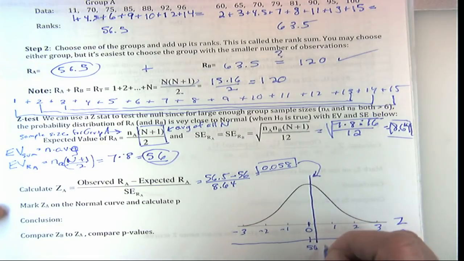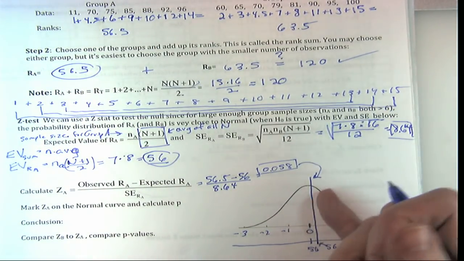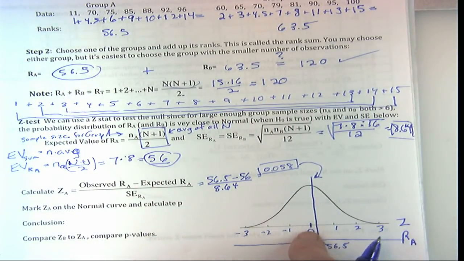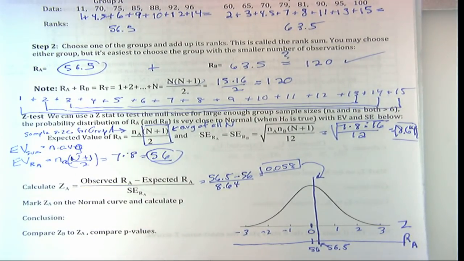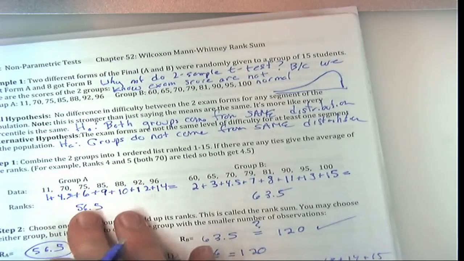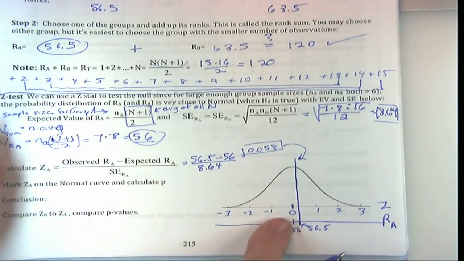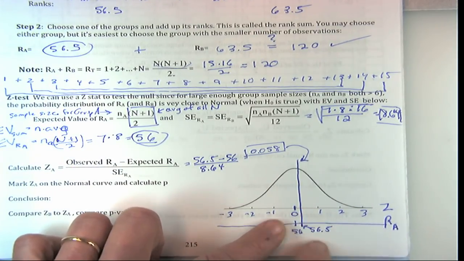So this is 56.5 right there. Okay? So we want to look at the p-value, the area of the tail, or is it two tails? It's giant. So what this is saying is, if the null was true and they really were all the same test or equivalent tests completely, and I handed 7 of them randomly one test and the other 8 the other, and got these scores, basically it's about as close to showing that they're from the same distribution as possible, right?